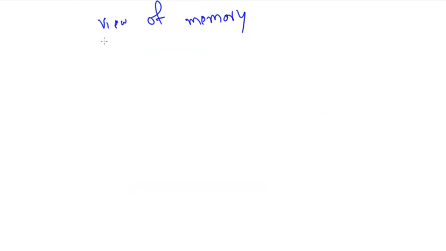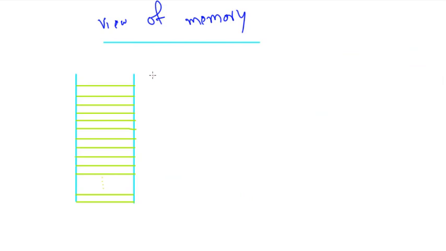You can view memory as one large array of many locations, and each of these locations is called a cell of the memory. So if there are 16 cells, then how many bits do I need to represent 16 cells? I need 4 bits, from 0000, 4 zeros, to 4 ones. In these 4 bits, I can represent my 16 cells. Now let's say these are 16 cells.